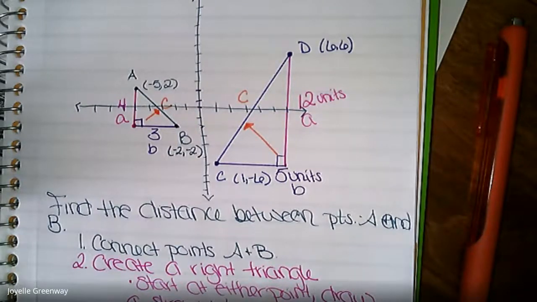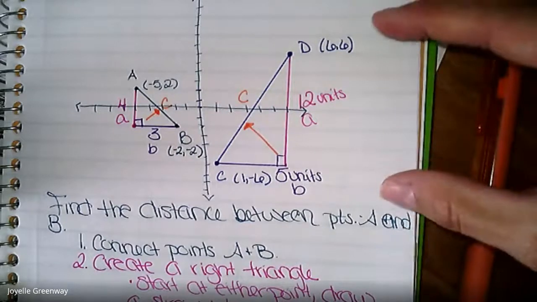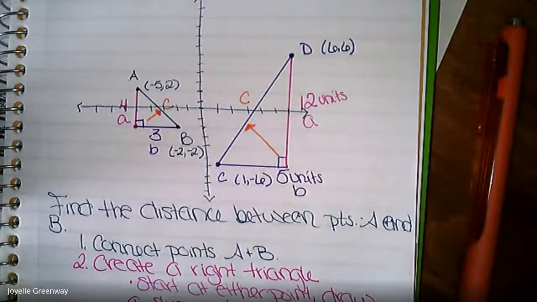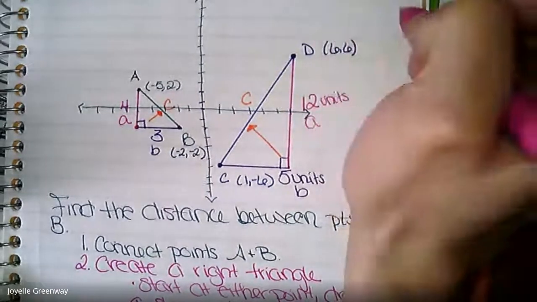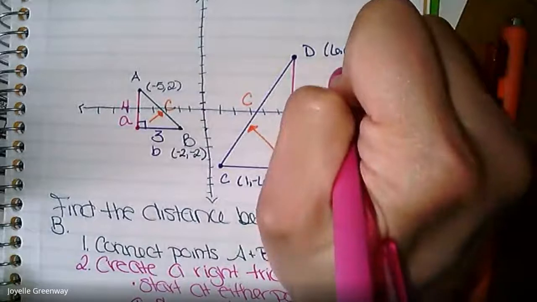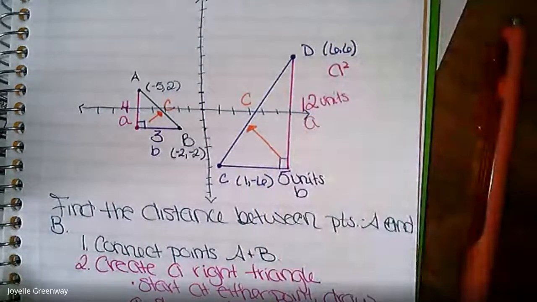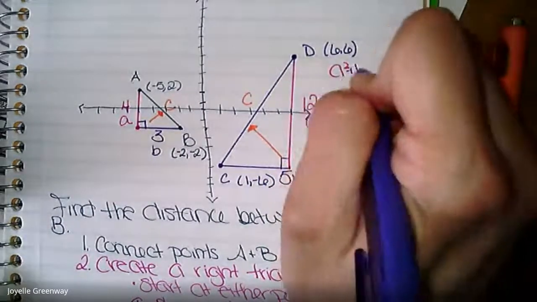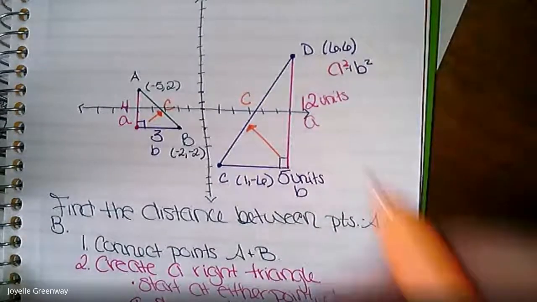Now I'm going to do my work over here. So now I have A squared plus B squared equals C squared.